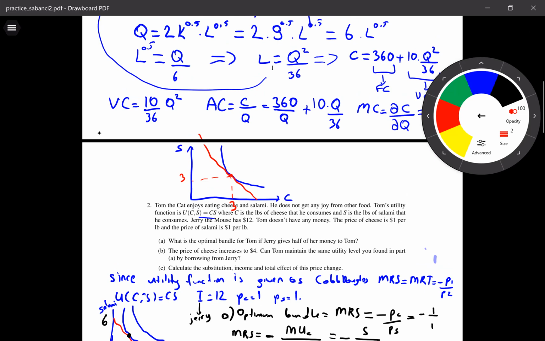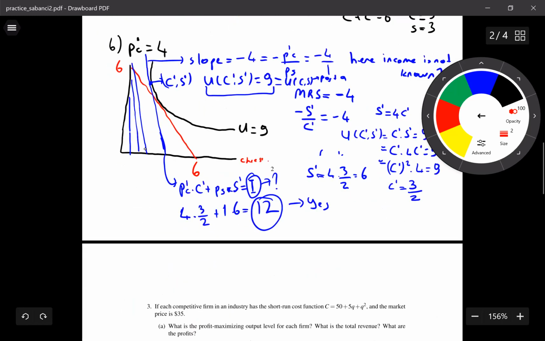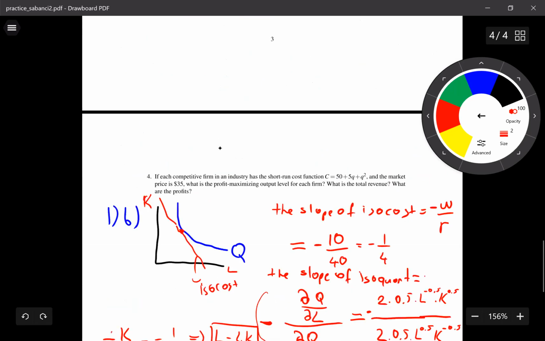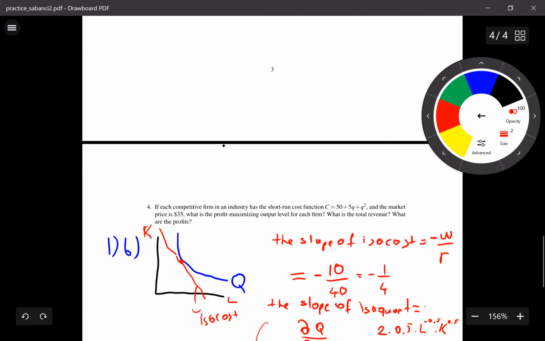What happens is the budget line starts from the same point here, but now it intersects here, because your income is 6, so it should be 6/4. Or let me draw it on a clean page, but I don't have any clean color.